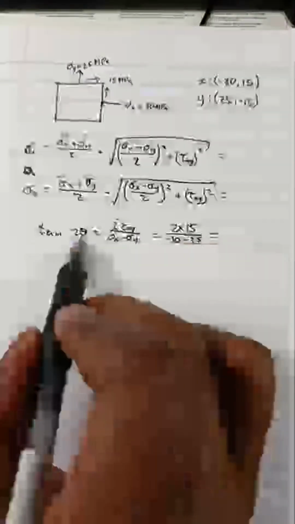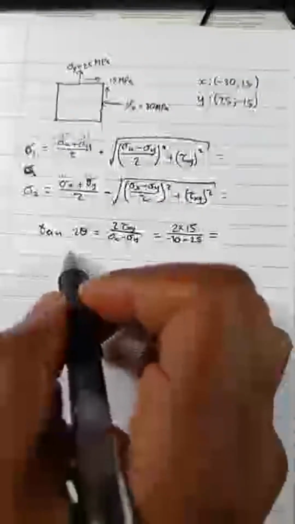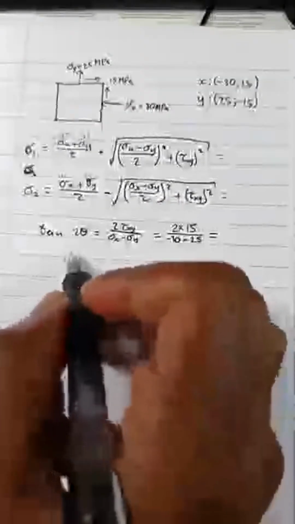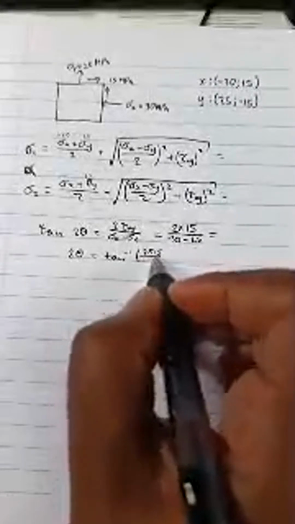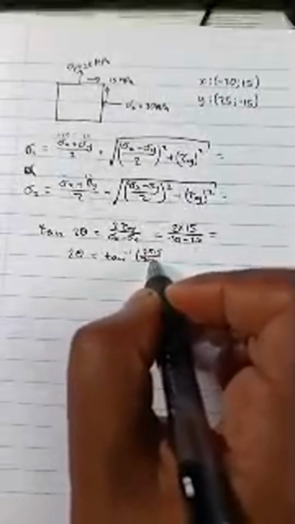Then after that, you can make now this the substitute of the formula. So we have 2 theta equaling arctan of 2 times 15 over minus 30 minus 25.